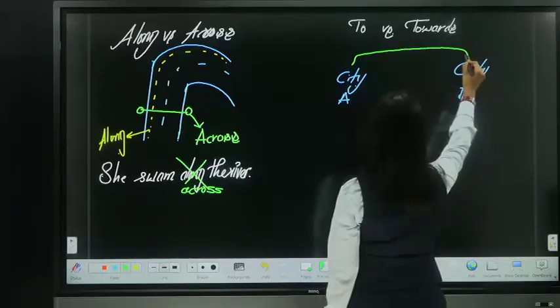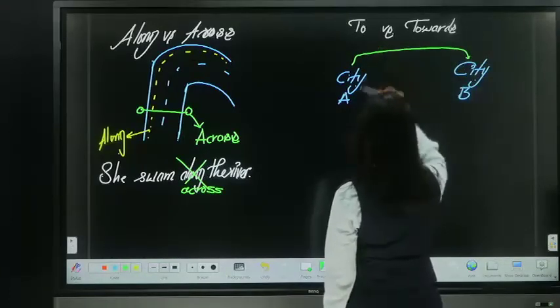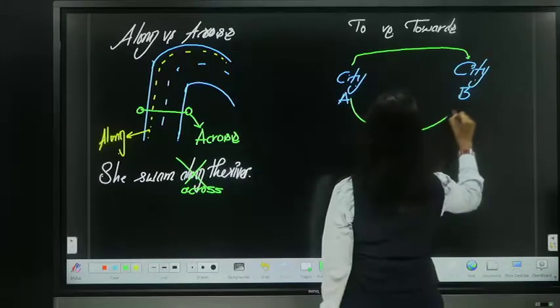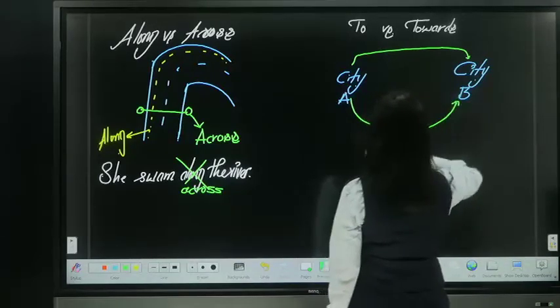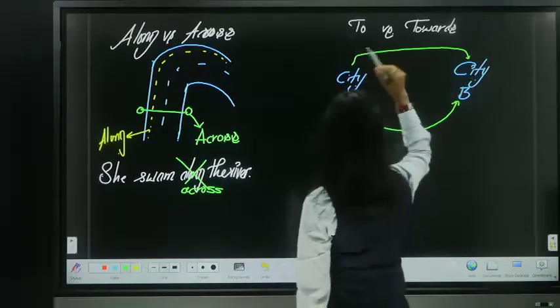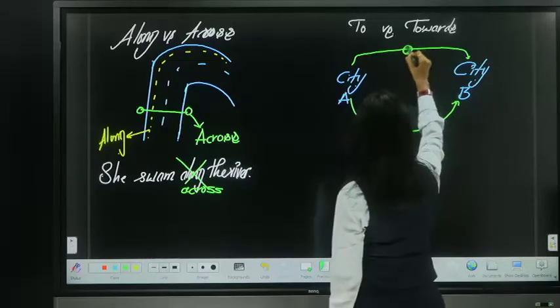Let us consider two ways as of now. That is one way, this is another way.